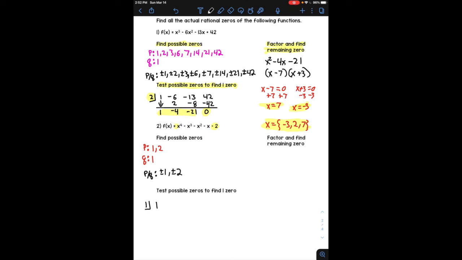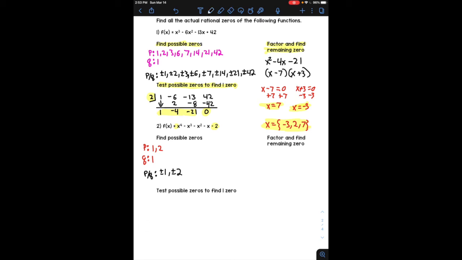I'm going to list the coefficients of our polynomial, in which there are no missing terms. 1 times 1 is 1, -1 and 1 is 0. 1 times 0 is 0, -1 and 0 is -1. 1 times -1 is -1, -2. 1 times -2 is -2. Do we get a remainder of 0? No, we don't. Therefore, I know 1 isn't a solution to the polynomial.